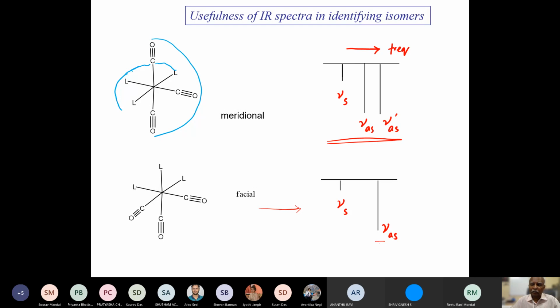There are two meridional planes which are bisecting each other, perpendicular to one another. So these types of complexes have this pattern, whereas the facial isomer has new symmetric and new asymmetric bands.